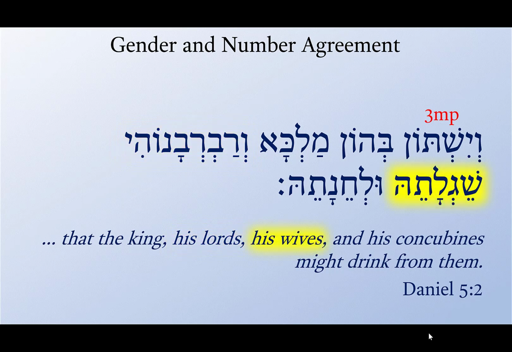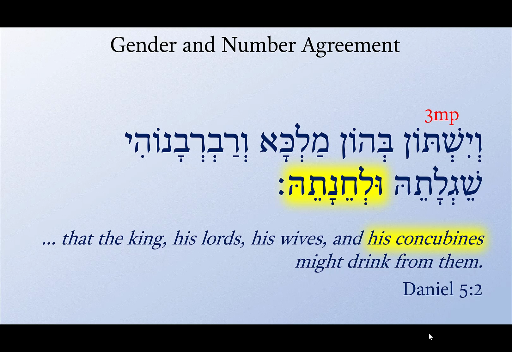And now we look at this, his wives. Okay, well, obviously that's going to be feminine plural for a noun, right? And then his concubines, also feminine plural. But this list of all these people, it's not surprising that the subject-verb agreement would be third-person masculine plural, that they kind of idea, because masculine gender is sort of the neutral one, the non-special one.